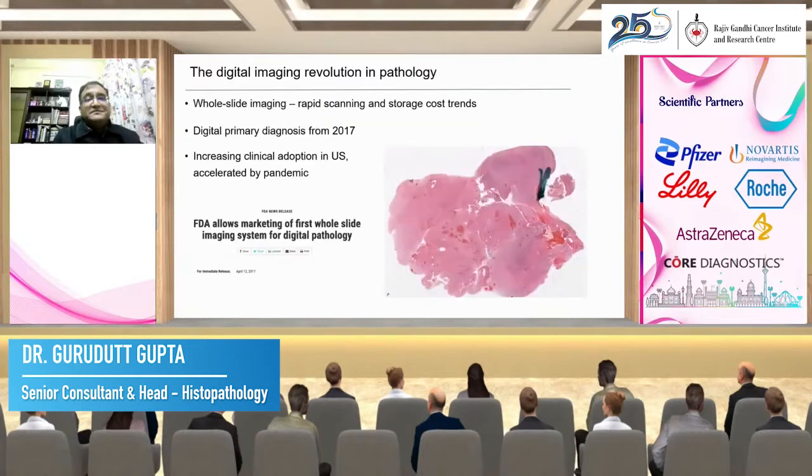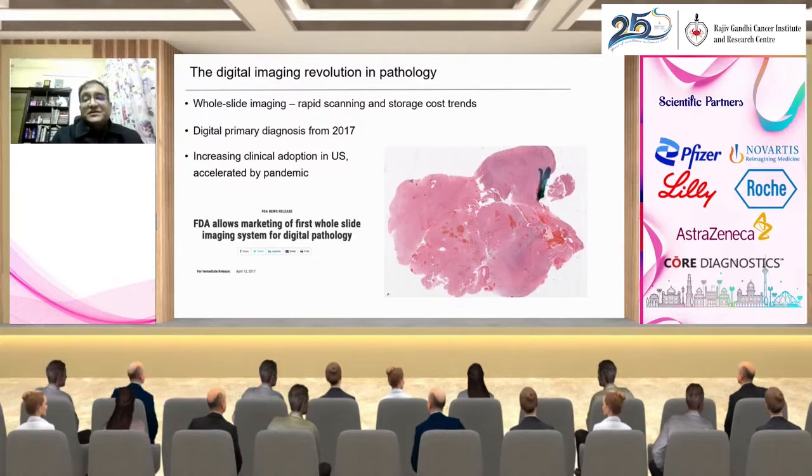First, we all know that digital pathology is an environment of digital imaging, and it starts with whole slide imaging. With the advent of rapid scanners and the decrease in storage cost, it has been adopted across the world.